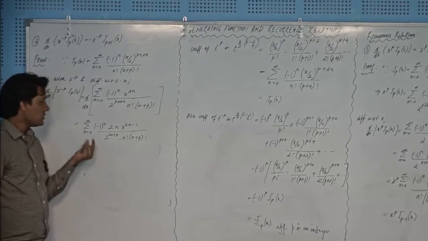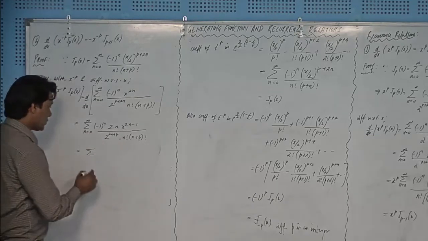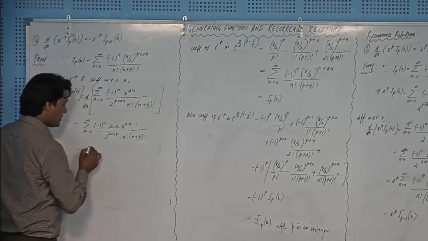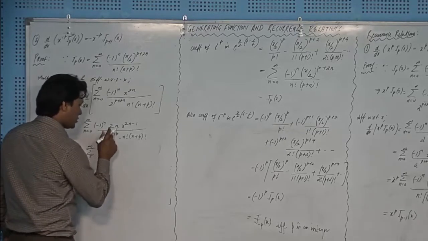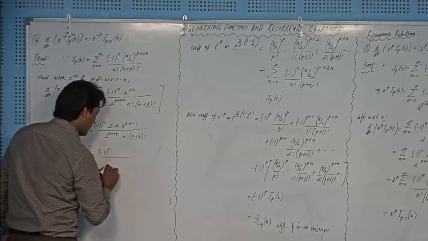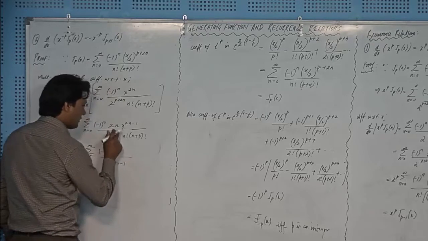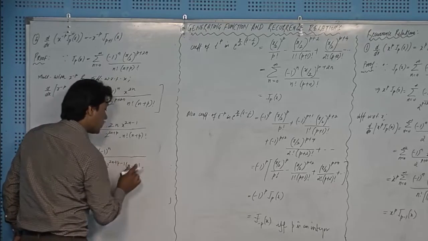So when you cancel it, n is your index, so be careful at this point. I will leave it with a question mark: infinity, minus 1 to the power n, and this 2 will go here, so that will become 2 to the power 2n plus p minus 1, but this n will be cancelled, you will be left with n minus 1 factorial, and this is a danger point.